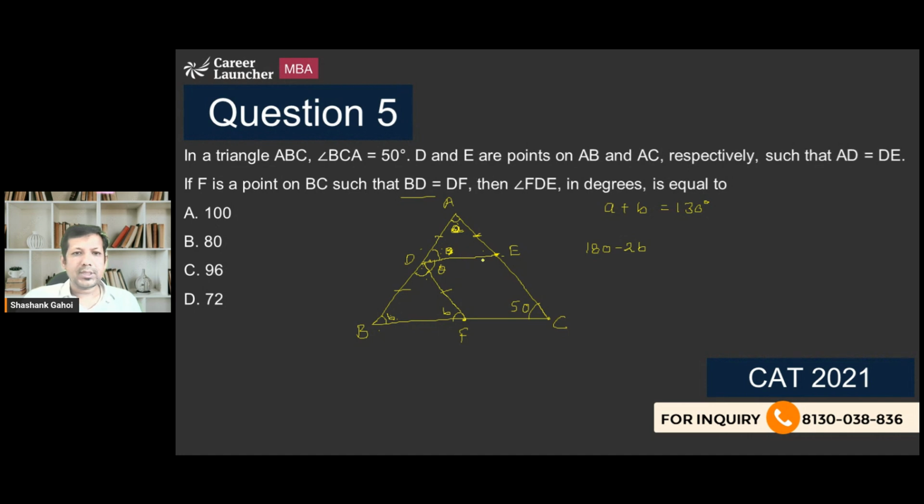I think this is going to be a little trickier, so I'm going to take an alternate approach. This is B, so this is going to be 180 minus B. Now this angle is A. I think I am making a mistake somewhere.